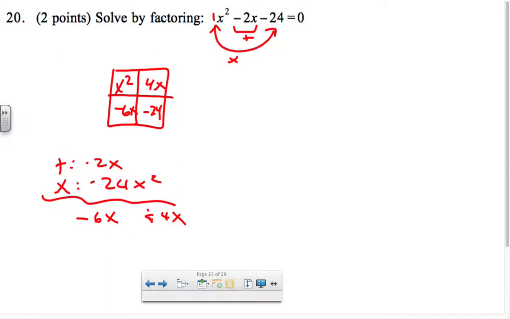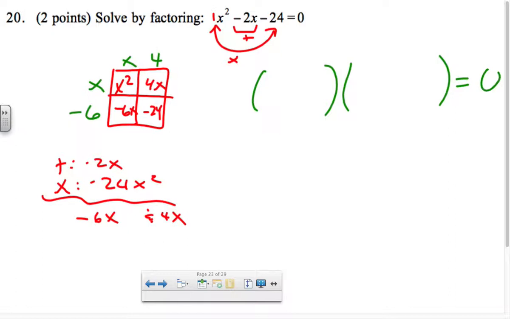And then after I do that, I can factor out a GCF from both rows and columns. And then to make the last one both negative, I'm going to put a negative with that. So it's going to factor to x plus 4 times x minus 6.